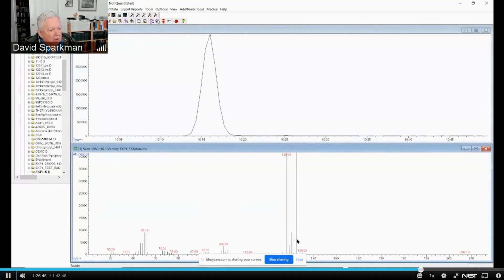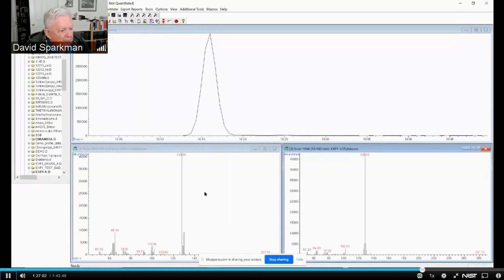So this is possibly representing two different compounds. And if I look at those two spectra side by side, I see, yes, indeed, they are different compounds.